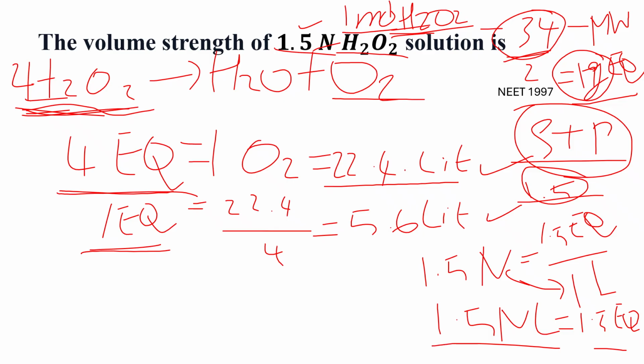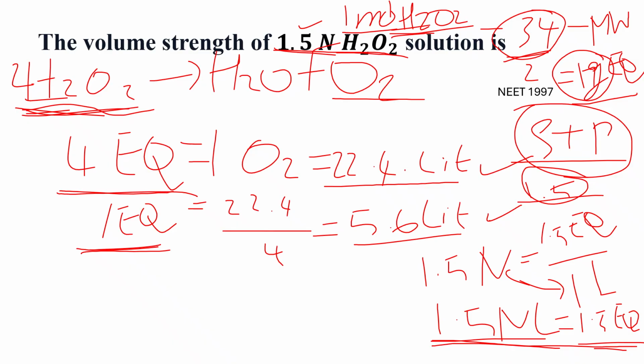One equivalent has 5.6 liters. So you need to find the volume strength of 1.5 normal H2O2. 1.5 normal of H2O2 is equal to 1.5 equivalent weight, right? From this relationship, 1.5 normal liter is equal to 1.5 equivalent weight.